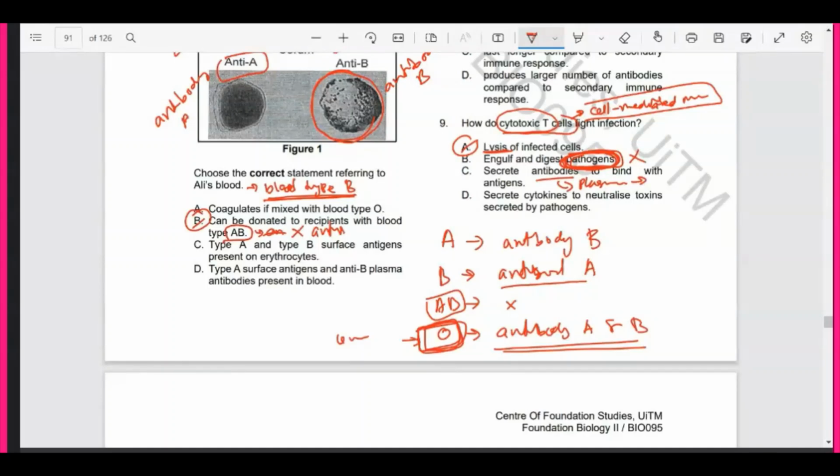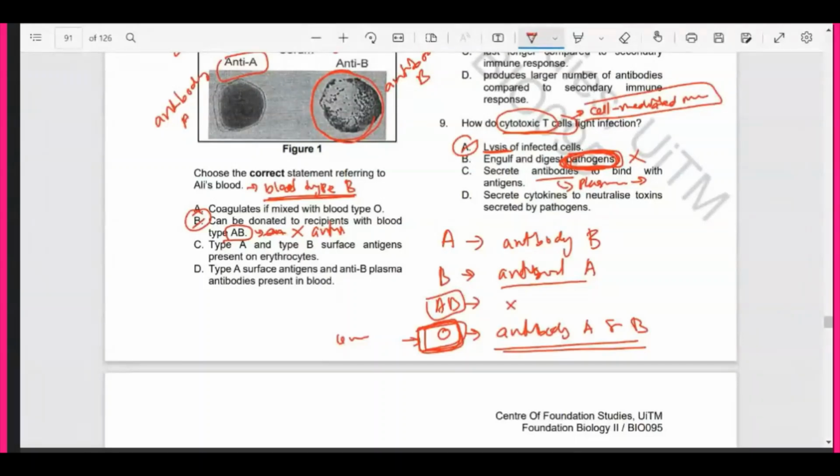If the pathogen is in your body fluid, outside of your body cells, it involves the humoral immune response, which involves the production of antibody by plasma cells. Plasma cells produce antibody that circulates in your body fluid to bind to pathogens found there. But for the cell-mediated immune response, once the cytokines from the helper T cell activate the cytotoxic T cell, it will find the infected body cell that is infected by that specific pathogen.